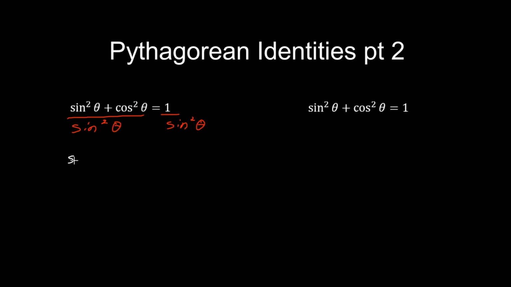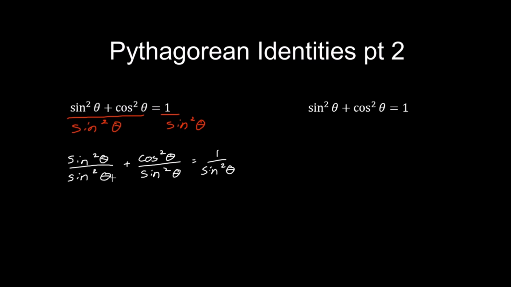But now I can split up these fractions. So sine squared theta over sine squared theta plus cosine squared theta over sine squared theta equals 1 over sine squared theta. Here's what's beautiful about this.